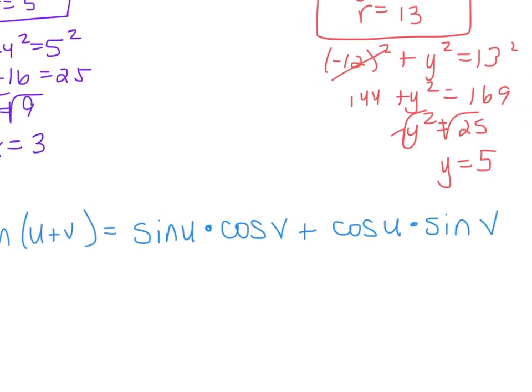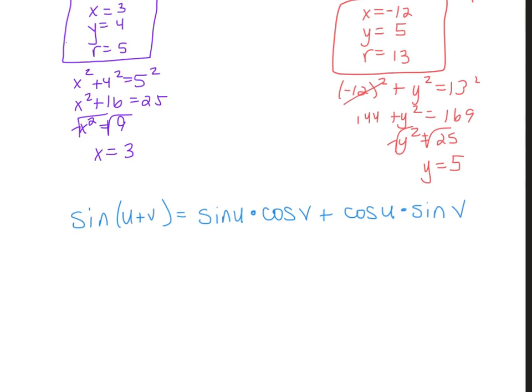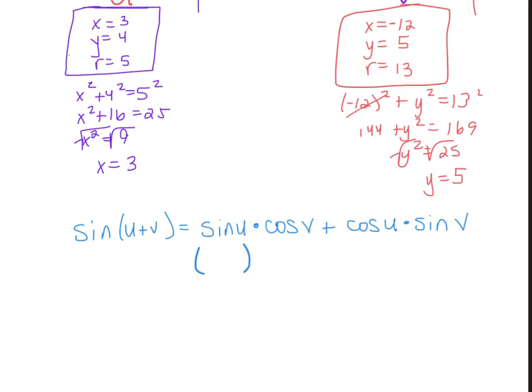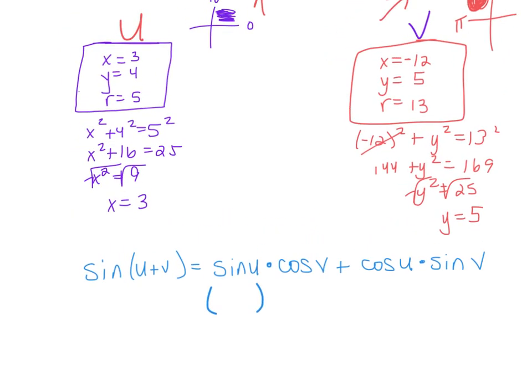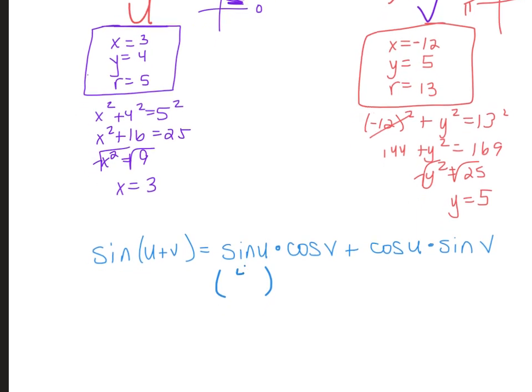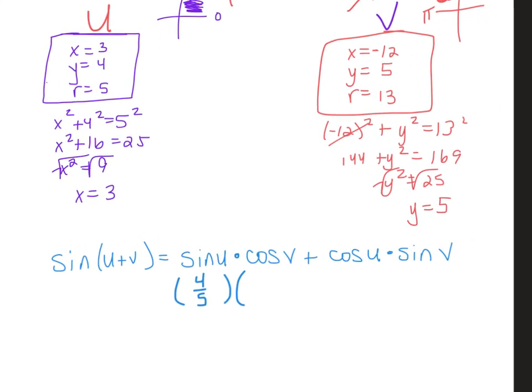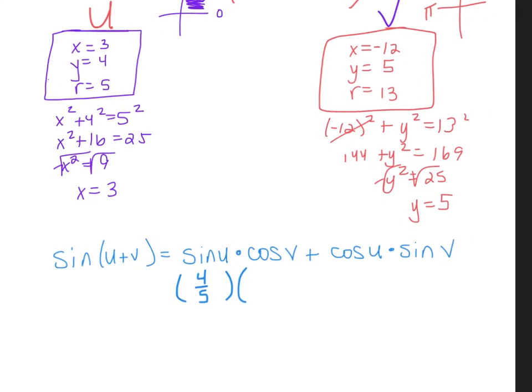All right, so now let's figure out what we need. Sine of u. What is the sine of triangle u? How do you find the sine when you have x, y, and r? Sine is y over r, so it's 4 over 5 times cosine, which is x over r, so it's negative 12 over 13, okay, plus cosine of u.